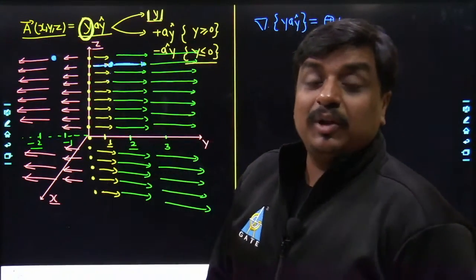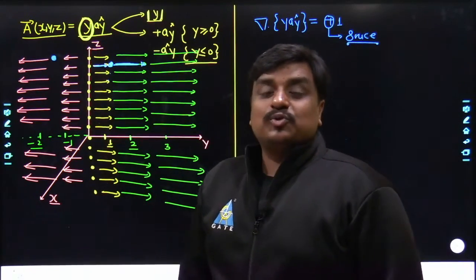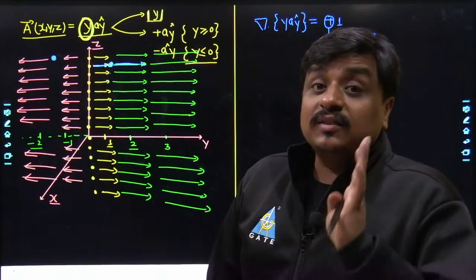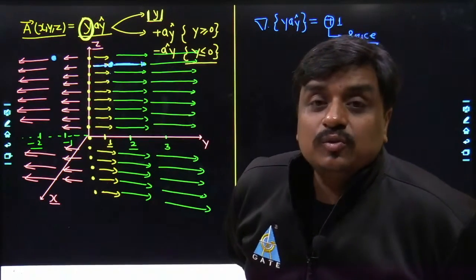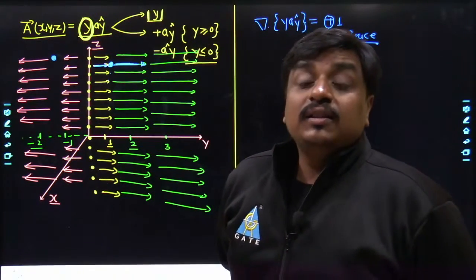Probably my feeling may not be that expressive in English, but still the feeling must be understood by each one. Then only you will understand the basic concept of the divergence. What does the divergence do? The divergence calculates the sourciness or the sinkiness of the vector field.